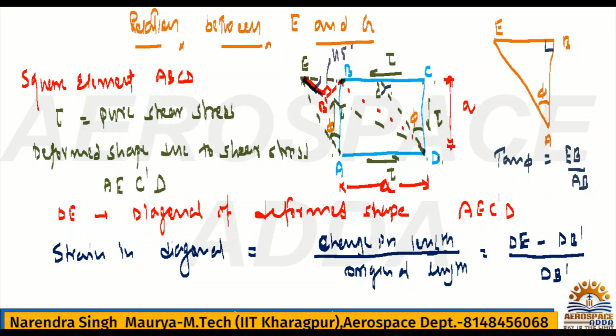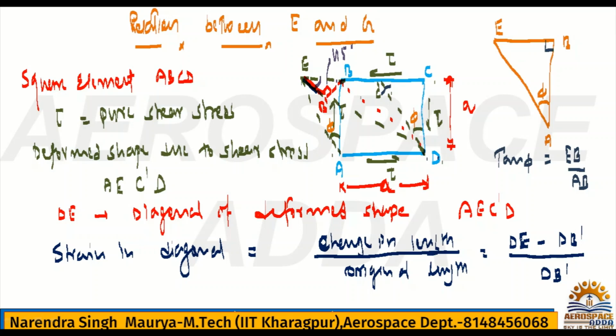So it means the length increased because of the tensile stress. Actually there was pure shear stress, and because of it angular deformation will be there, but at the same time there will be tensile stress acting on the diagonal.